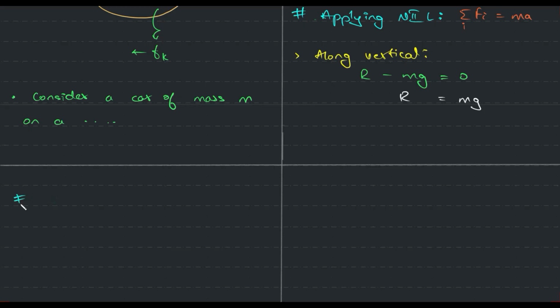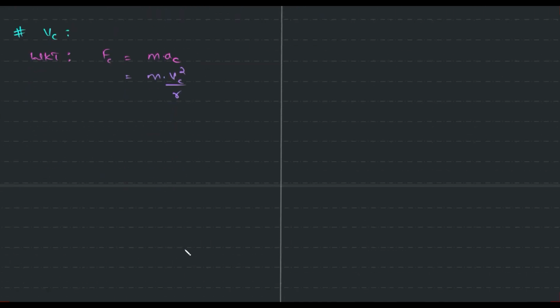Let's see. So we are trying to figure out the maximum velocity. So we know that this has to do with the centripetal calculation. The centripetal force is given by m into a_c, and this is nothing but m v square by r, and this force is nothing but your frictional force.